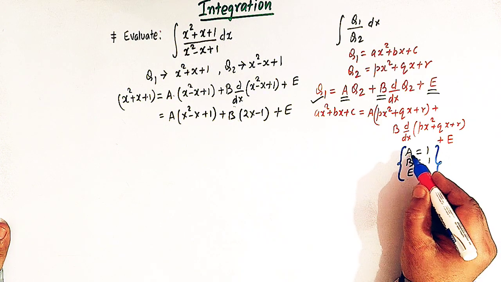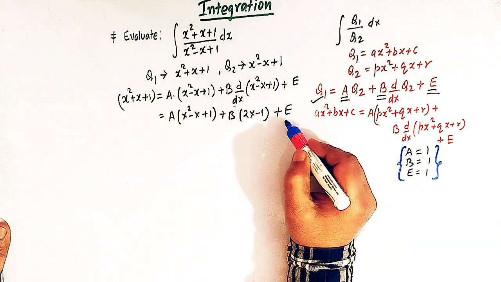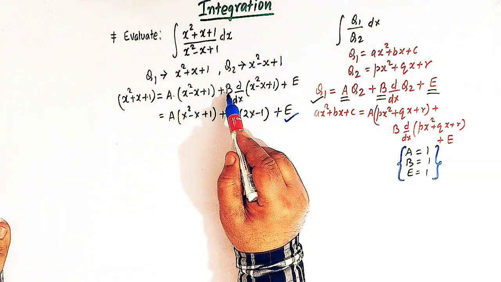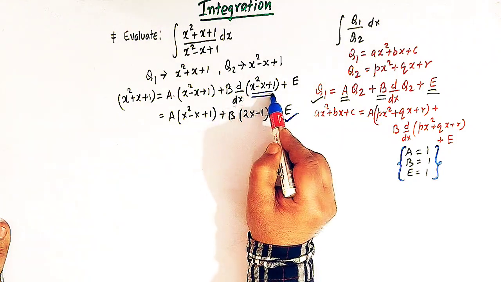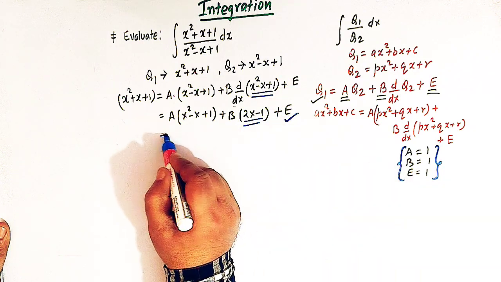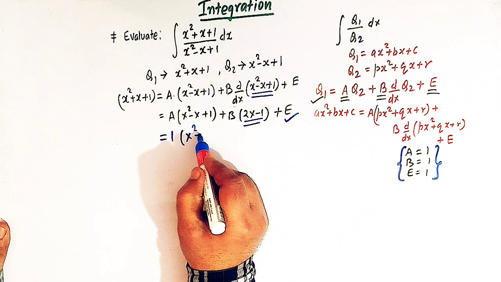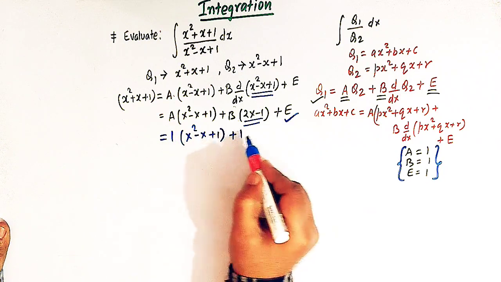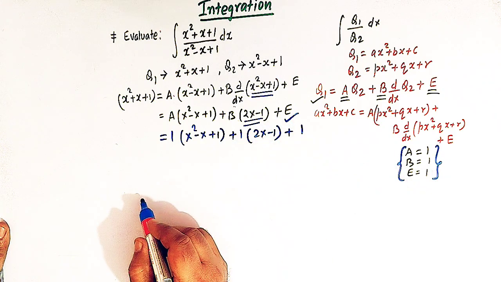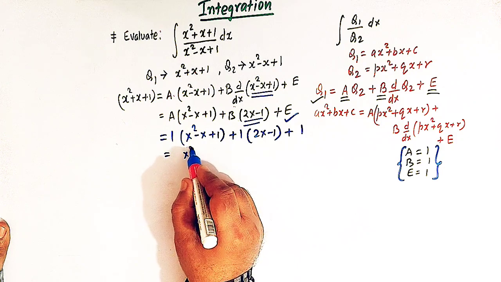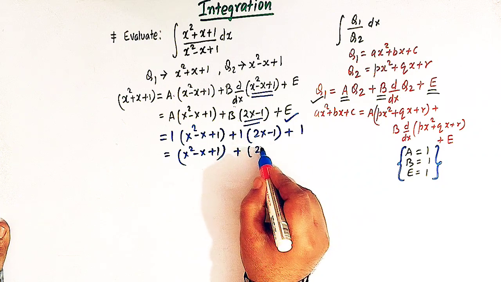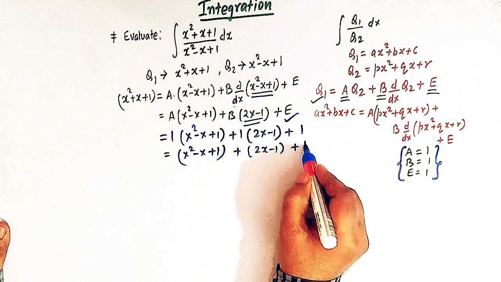So now taking these values of a, b and e in this equation, where we have a times x square minus x plus 1 plus b times the derivative of this term, 2x minus 1, plus e, right? So we have 1 times x square minus x plus 1, 1 times 2x minus 1, and 1. Okay, so now we can write it simply as x square minus x plus 1, and then the second term is simply 2x minus 1, and the third one is 1.